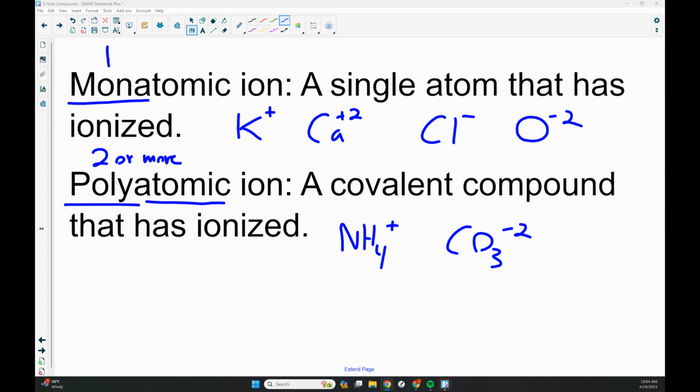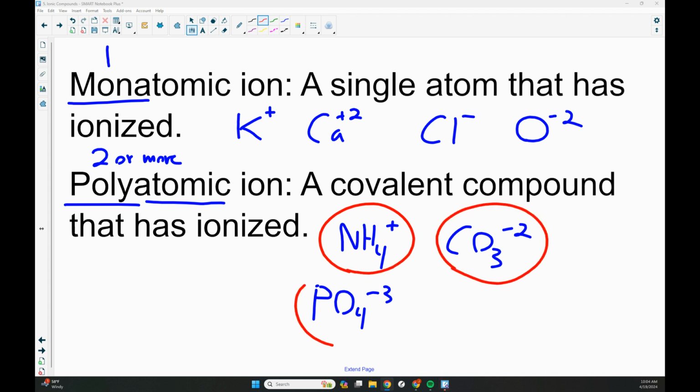And yet another example would be phosphate, PO4 with a -3 charge. So you'll notice in each case that each of these ions consist of multiple atoms. So even though they are compounds, we treat them just like we would treat a monatomic ion.